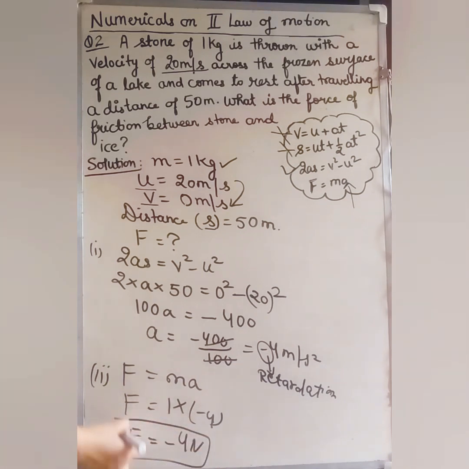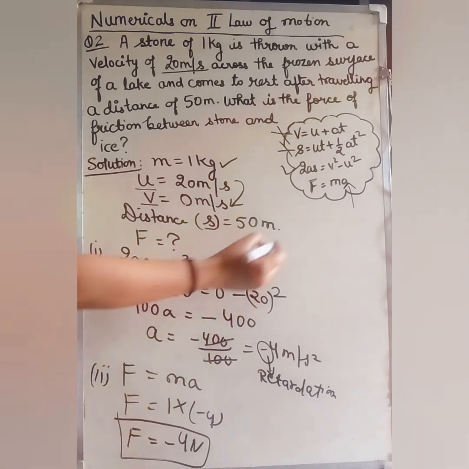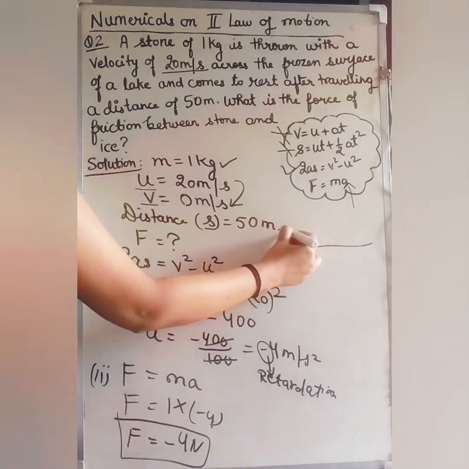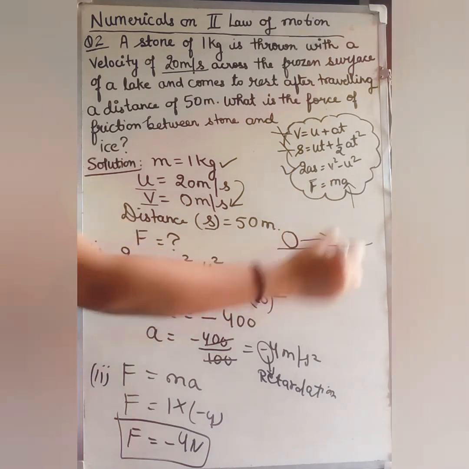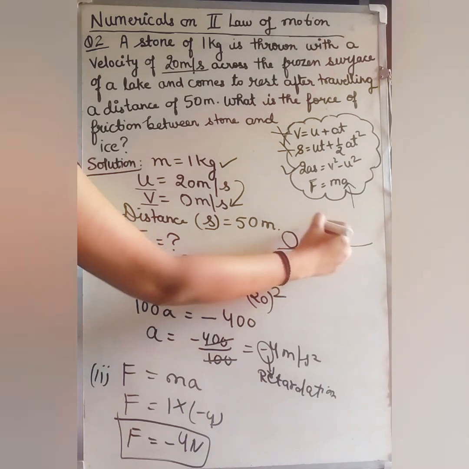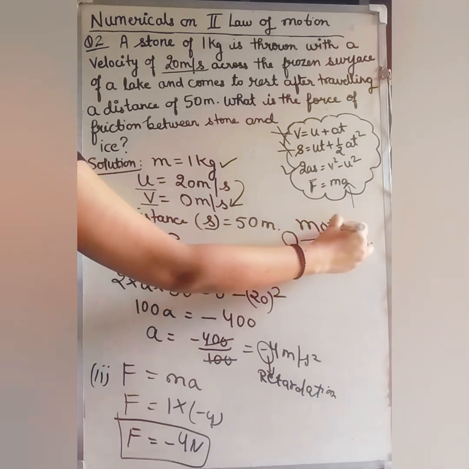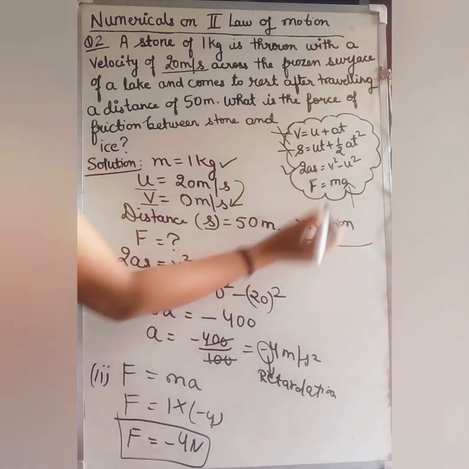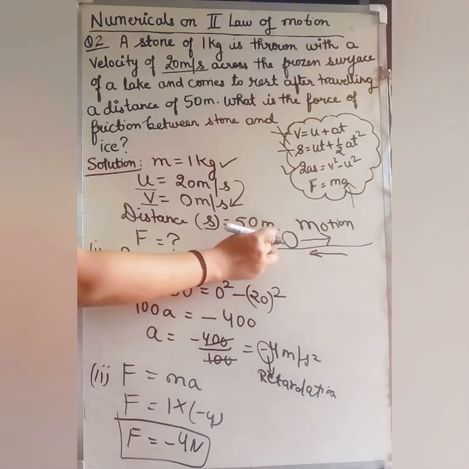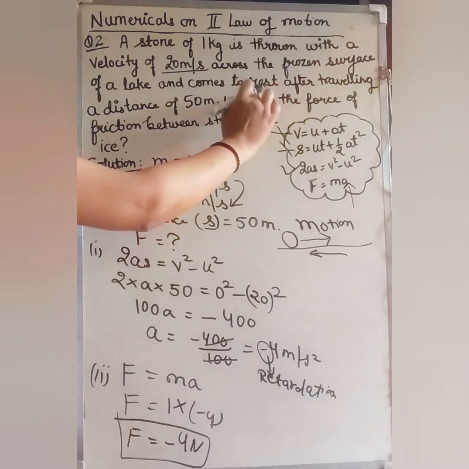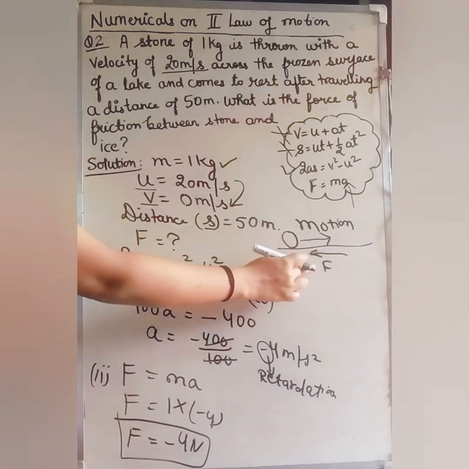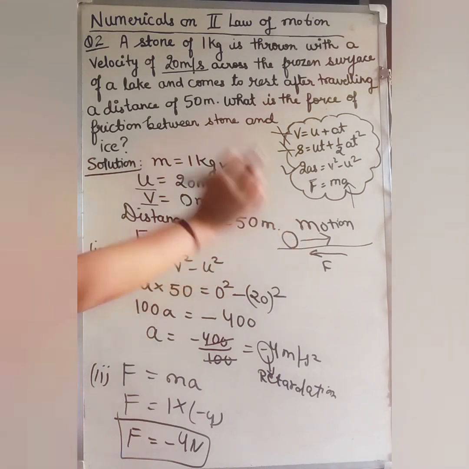Now what is the meaning of minus sign here? See, let's suppose this is the frozen lake and a stone is thrown in this direction. The motion of the stone is in this direction and the force of friction will try to stop that stone. Because of that only it has come to rest. So the force of friction is acting in the opposite direction to the motion of the stone.